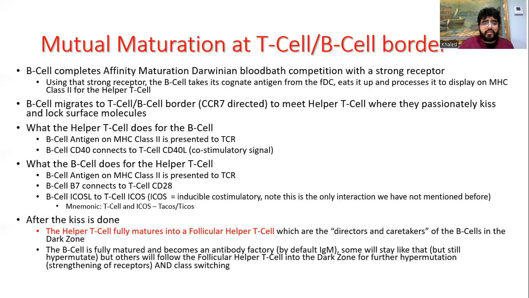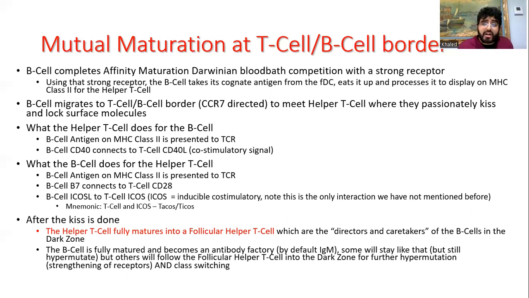And then another thing that we didn't talk about, because this is more specific to this region in the body, is something called inducible co-stimulator, ICOS. It is a surface marker on the T cell, and I remember it's on the T cell because T ICOS sounds like tacos, Ticos tacos, right?